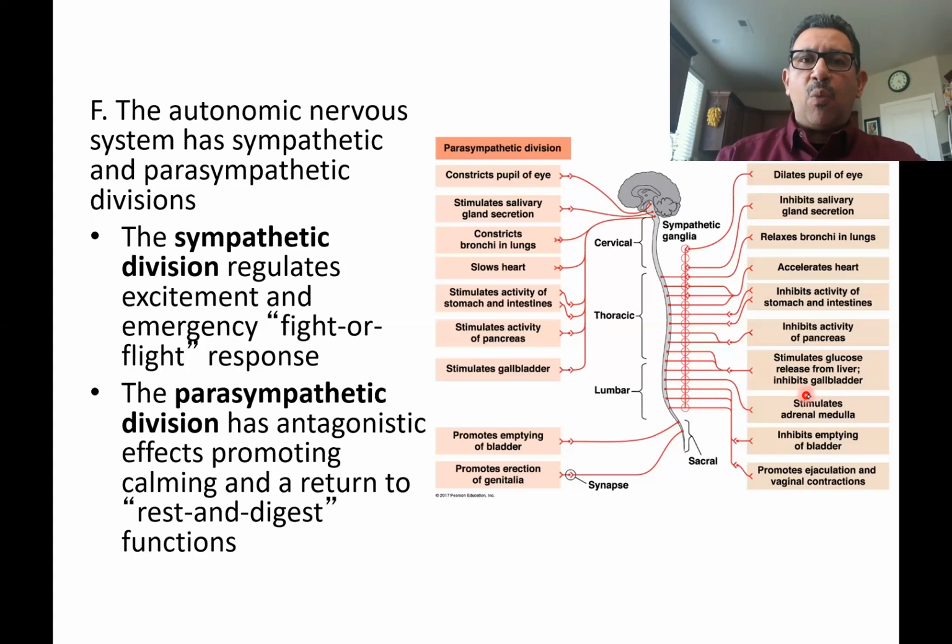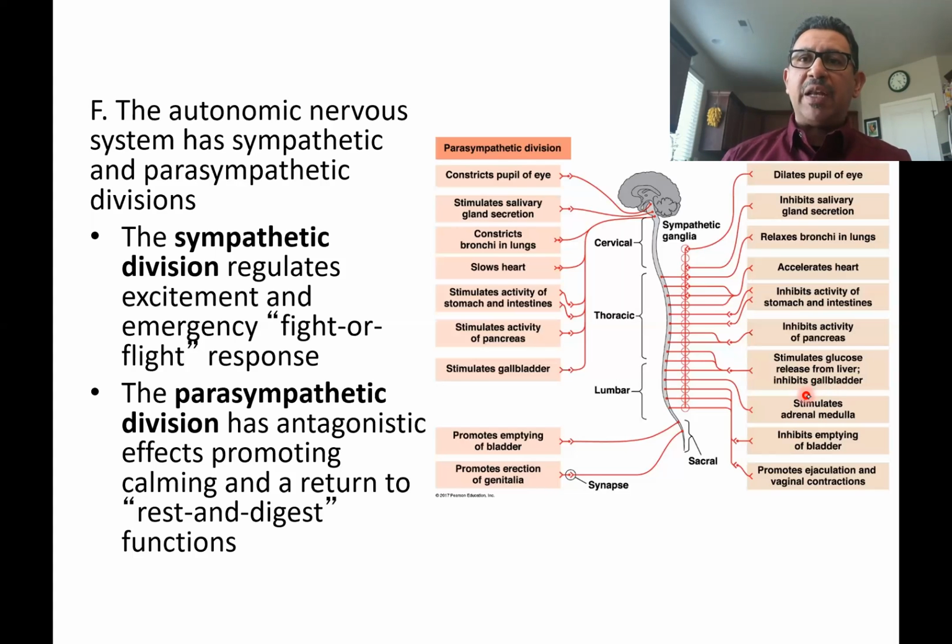Now, when you look at this dangerous situation, it's going to go away, and there's potential damage that can happen to your body if you stay in this state of alert, state of fight or flight, for a long period of time. Remember that in our body we have something called homeostasis, regulation.